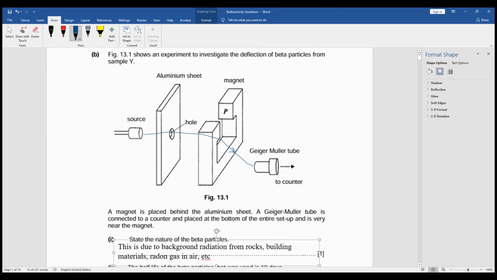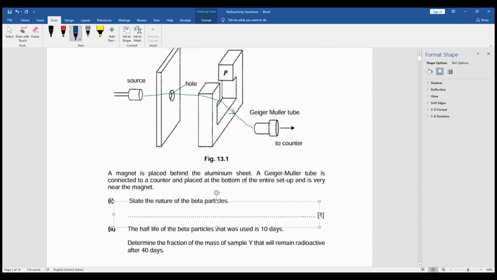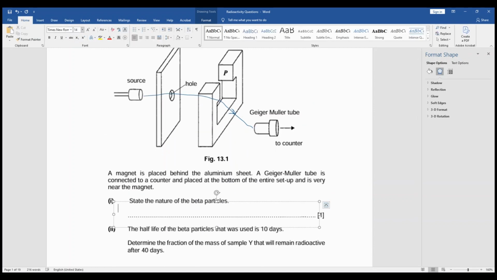Okay, let's do it. Beta particles are high energy, negatively charged electrons.